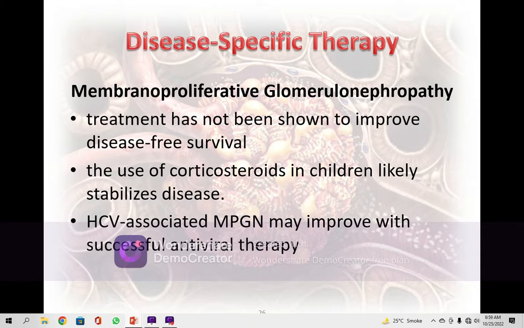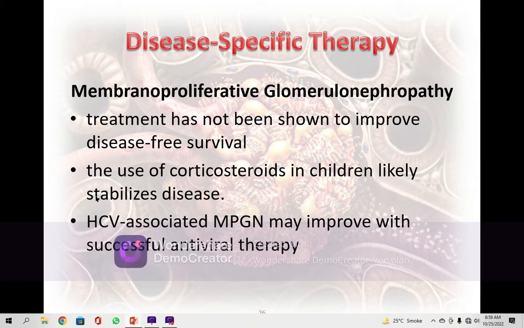In membranoproliferative glomerulonephritis, the disease may respond to the steroids in children, but not in adults. Actually, hepatitis C virus associated mesangial cell membranoproliferative glomerulonephritis may improve with successful anti-HCV therapy.